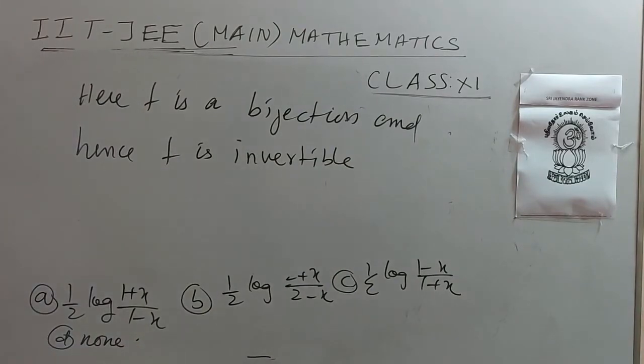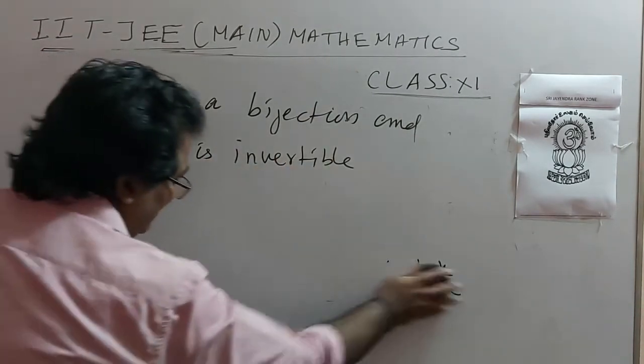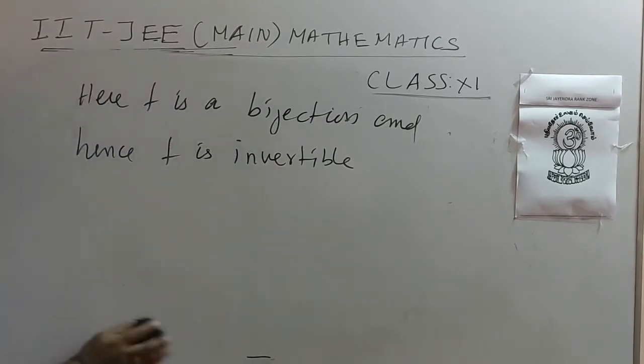Invertible means the inverse exists. Bijective means it should be both one-one and onto. Then only we can find the inverse.